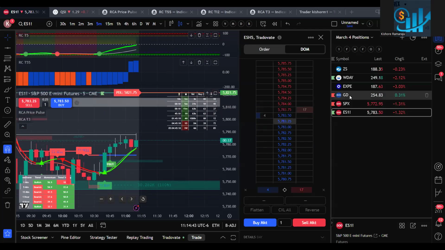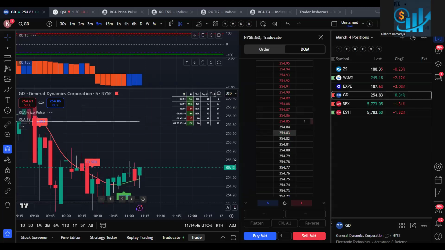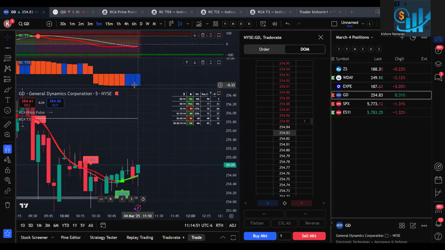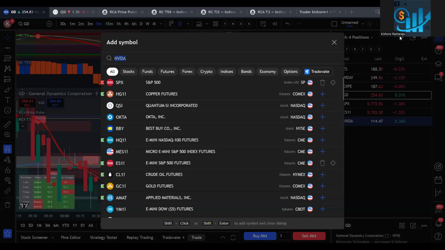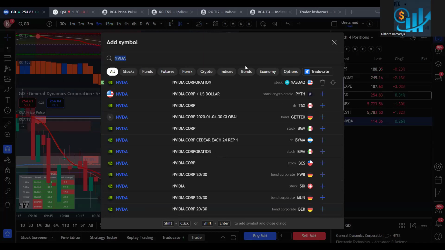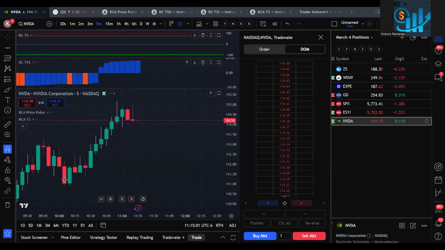Now your GD is moving good. If SPX starts moving, then all these stocks will move very, very fast. Let us also look at NVIDIA. NVIDIA also should start moving now.